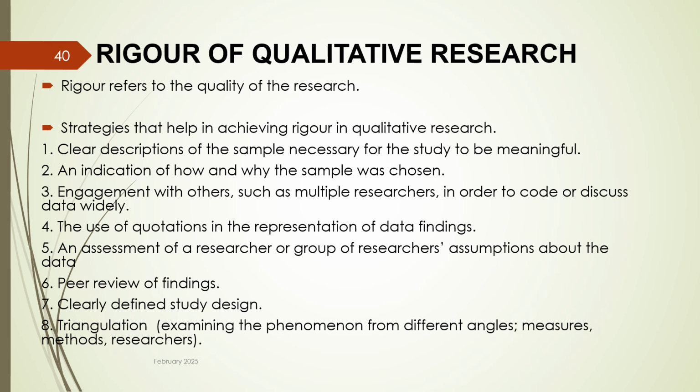We have methodological triangulation or methods triangulation, which is defined as using more than one method, such as a mixed method approach. We have what we call investigator triangulation or researcher triangulation, which is using more than one researcher to assess the credibility of the study.